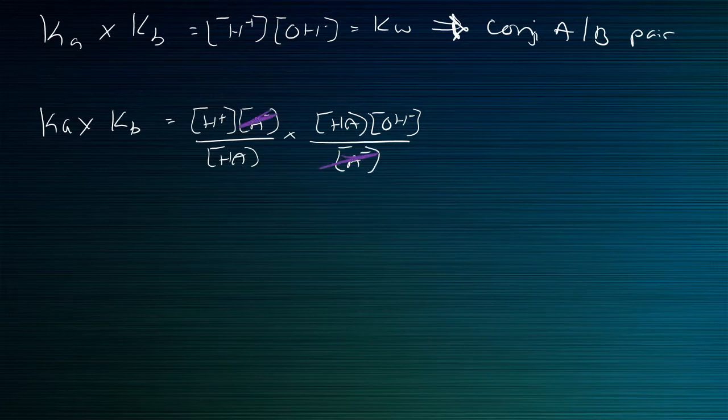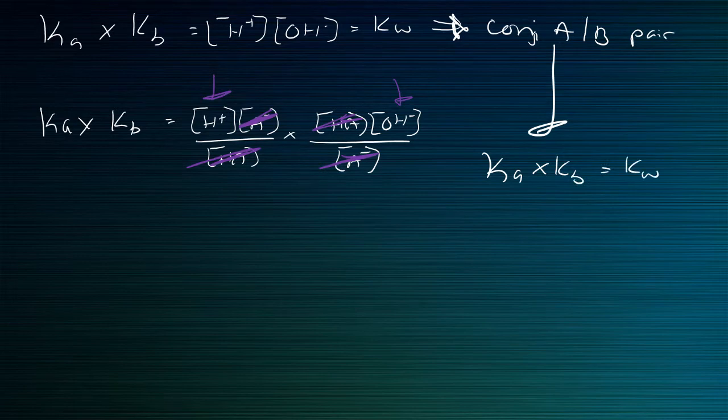Well, if you cancel out all the commonalities, what are you left with? Your hydrogen and hydroxide ion concentrations. And so essentially, for conjugate acid-base pairs, Ka times Kb equals Kw.